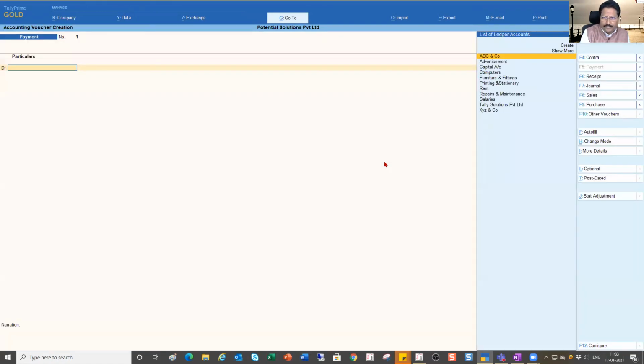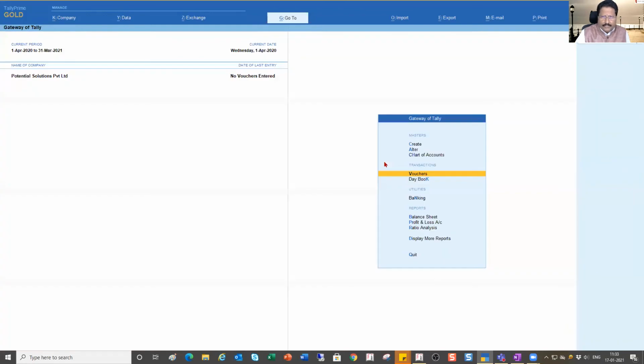Okay. So we have just understood the different voucher types, the nature of these voucher types, and how you access the different voucher types in your voucher entry screen.